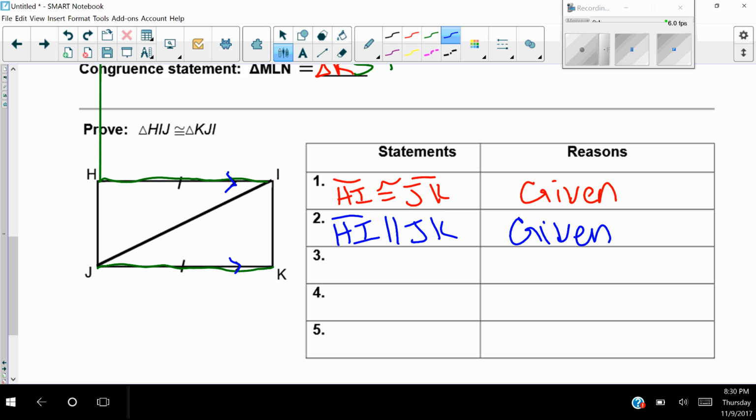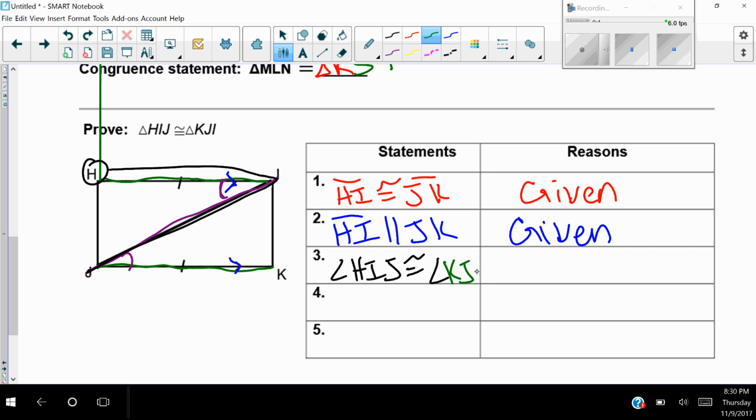However, when we have our parallel lines, and if we have maybe this transversal right here, we have alternating interior angles. We're going to use this theorem a lot. And so I can say that this angle right here, which remember we have to have 3 letters to name an angle, I can say angle HIJ, that's this purple angle, HIJ is congruent to angle, and then I'm going to use this angle right here, KJI.